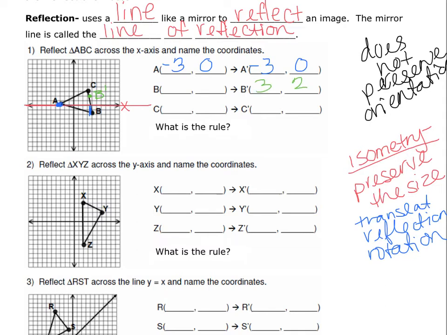So basically, the original was at 3, -2, and B prime was at 3, 2. Now C, you count how far it is away from the line of reflection, and it is 1, 2, 3 units away from the line of reflection because we go straight to the line of reflection. So that coordinate C is at 1, 2, 3.